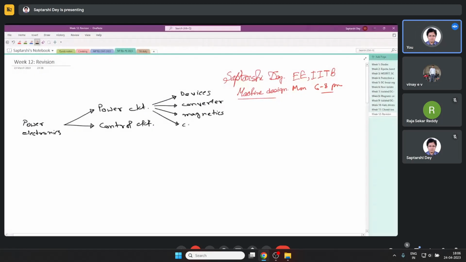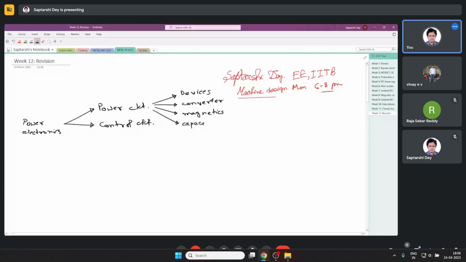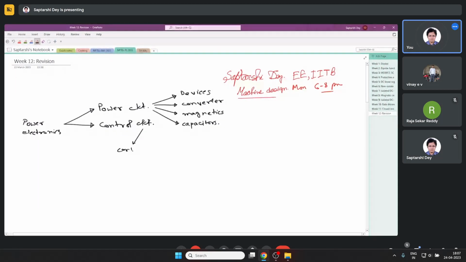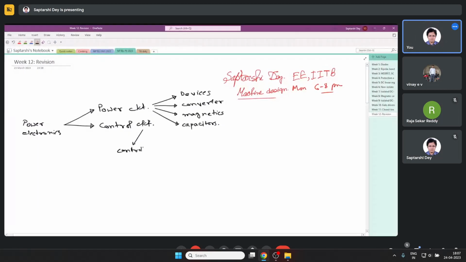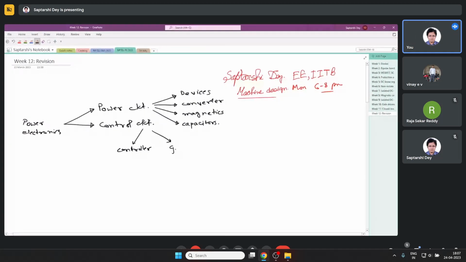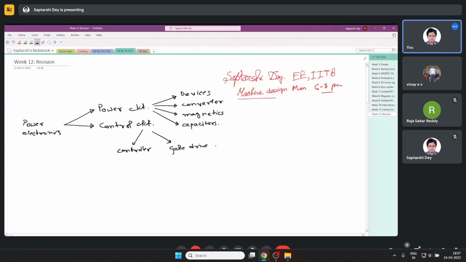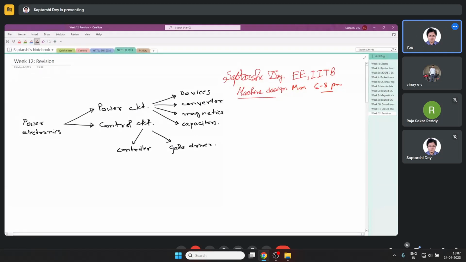I'm not talking about capacitor design but other issues about capacitors. On the other hand, the control circuit part has the controller itself and the gate driver. All these things have been covered in this course.